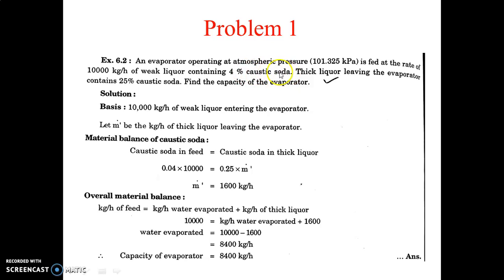That means this is your solute, which is 4% by weight. Thick liquor leaving the evaporator contains 25% caustic soda. Find the capacity of the evaporator.